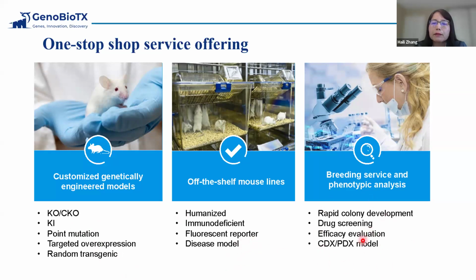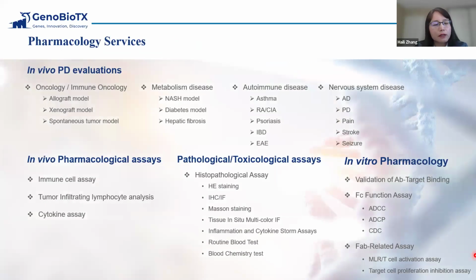We can do rapid colony development, drug screening, and efficacy evaluation, and I have talked a lot about the CDX and PDX models. For in vivo PD evaluation, we target various disease areas, including cancer, metabolic disease, autoimmune disease, and nervous system disease.